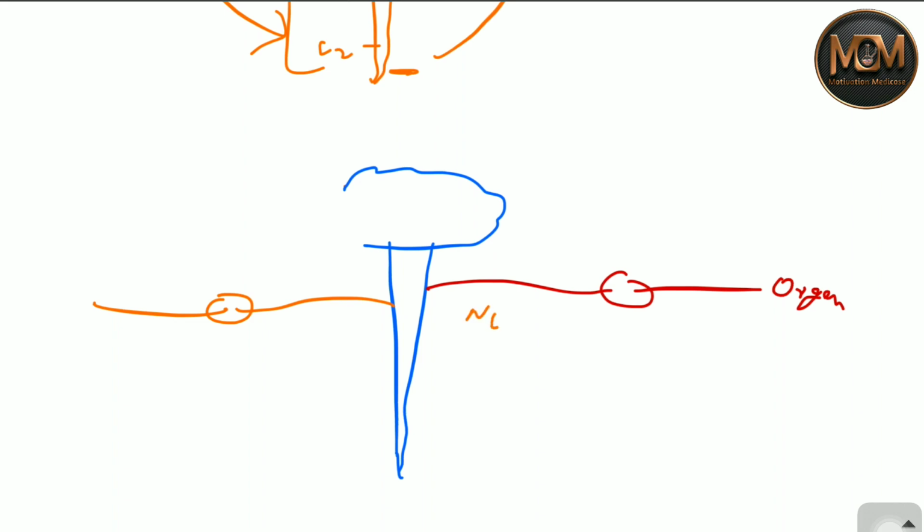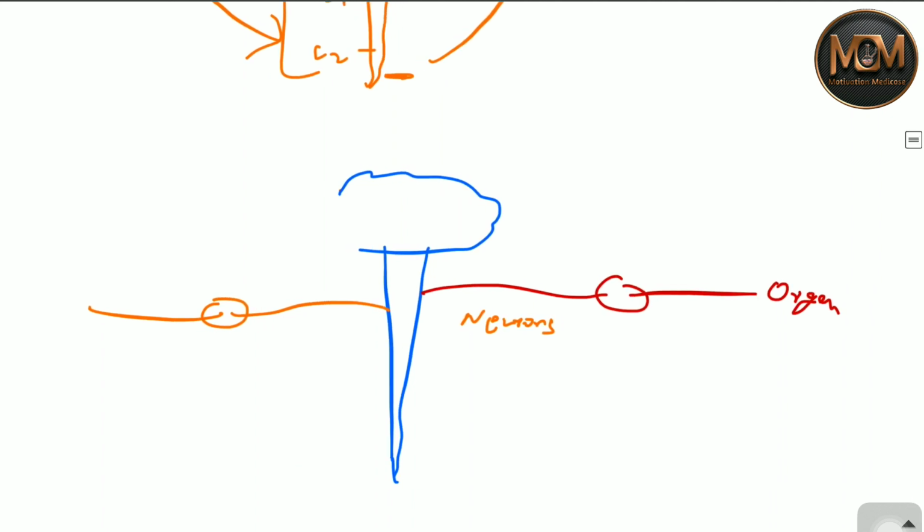If a neuron is present before the synapse, it is preganglionic, and if it is present after the synapse, it is postganglionic. The postganglionic neurons are the ones which supply the organ.